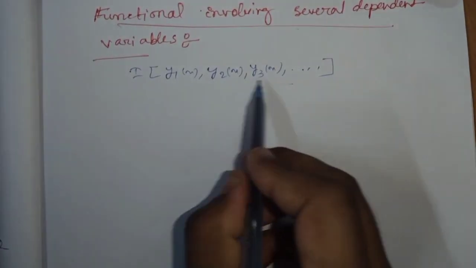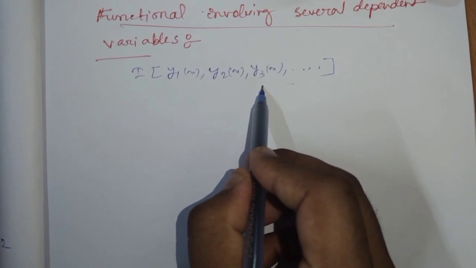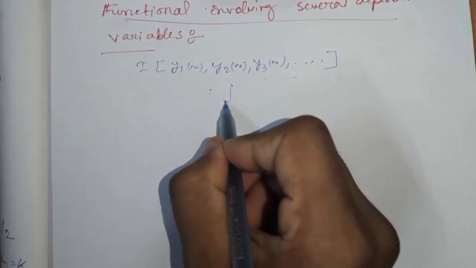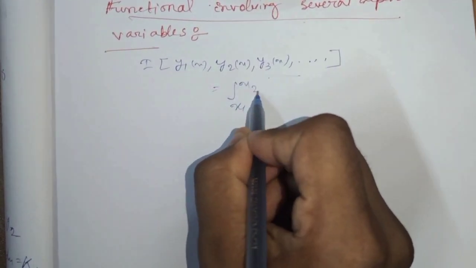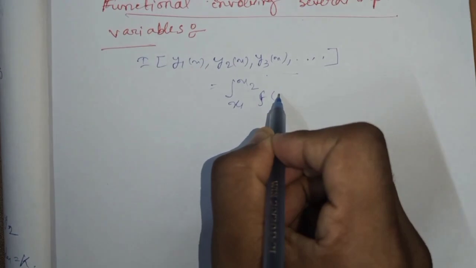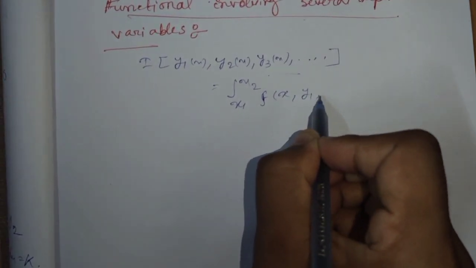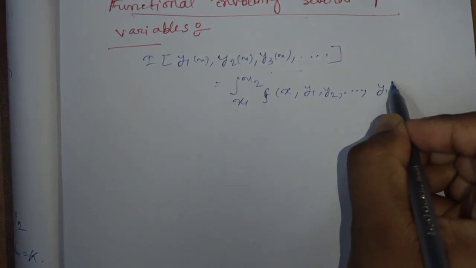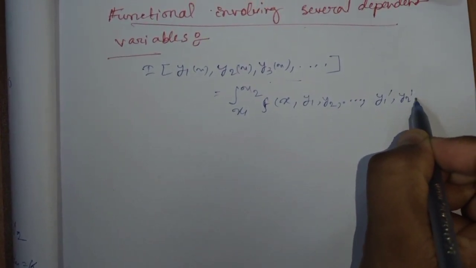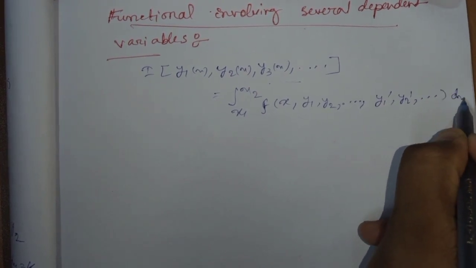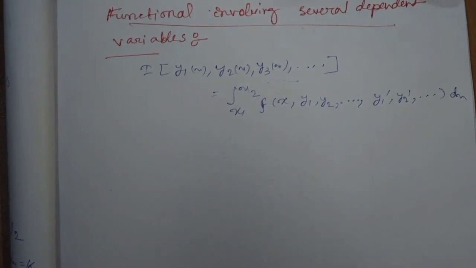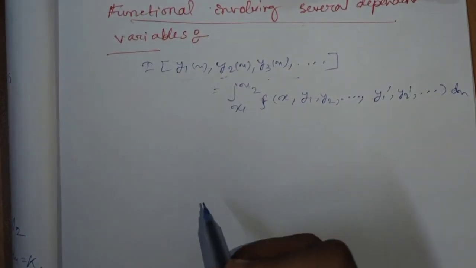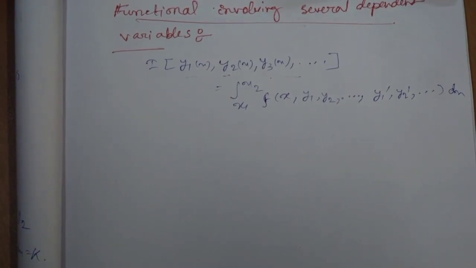Here you can see there are more than one variable and it is defined as the integral from x1 to x2 of f of x, y1, y2, and so on, and their first order derivatives y1 dash, y2 dash, and so on, dx, and the corresponding boundary conditions are given for each variable. How to deal with this type of problem?